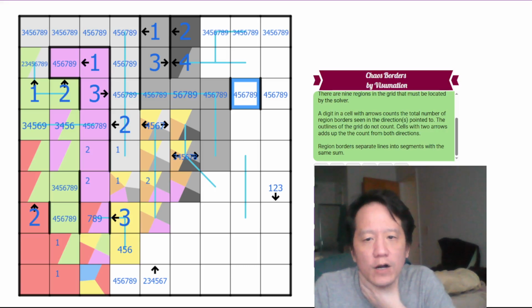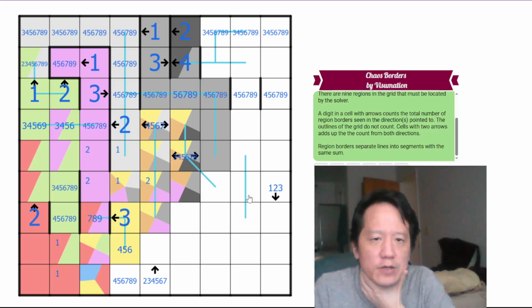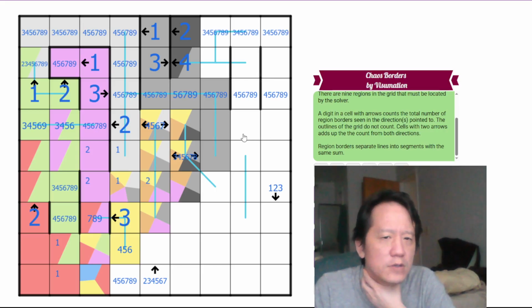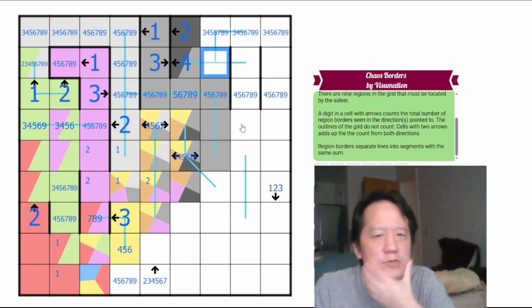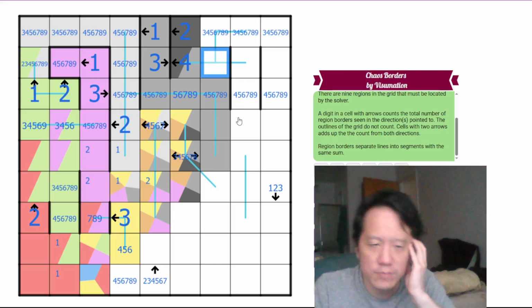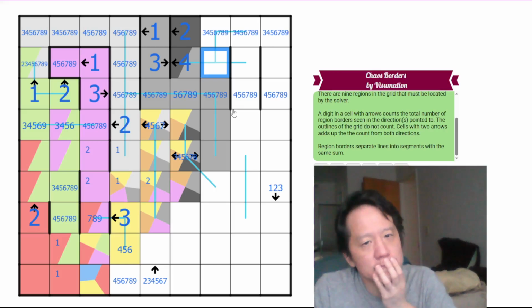Okay, where the boundary could not be here because this would require 2 digits adding at least adding up to 4, and 1 and 3 are already taken. So the boundaries then would have to be here and here. So this could be 2 here. So this would not be medium.